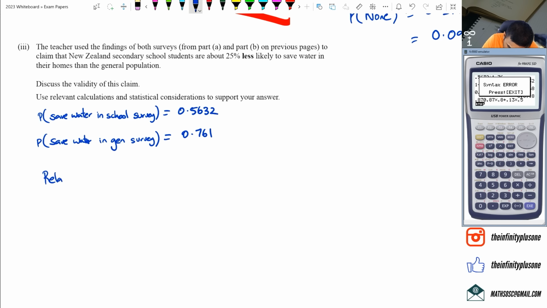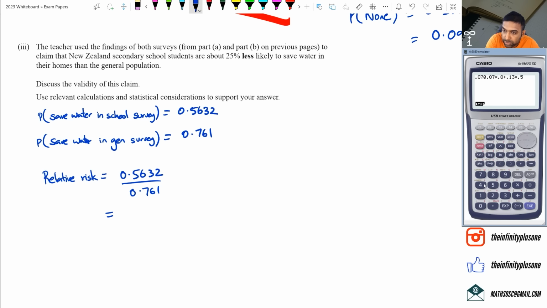Next I'm going to work out the relative risk. Now it says 25% less likely to save in their homes compared to the general population. So I've got 0.5632 divided by 0.761. So when I do that, oops, what is it?